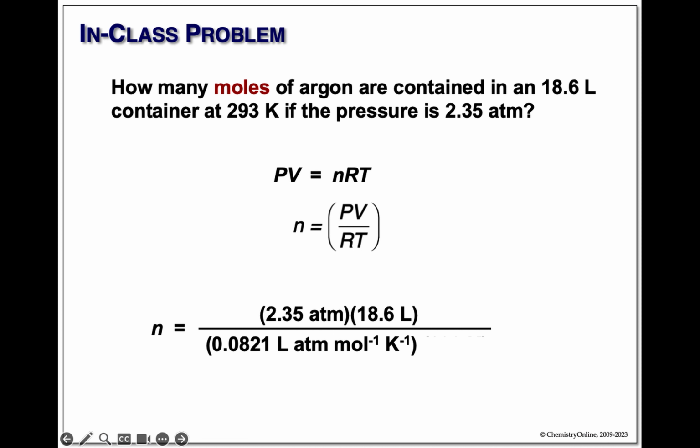And finally, temperature, 293 Kelvin. Okay. Atmospheres, top and bottom will cancel. Liters, top and bottom will cancel. We have Kelvin and per Kelvin. They cancel. Per mole in the denominator comes up top. Calculate it all out. 1.81 moles. PV equals nRT.